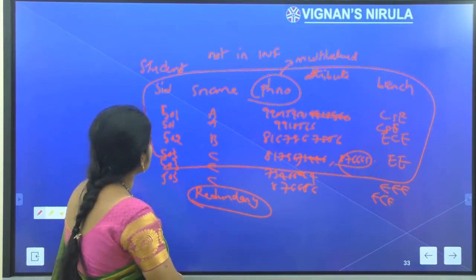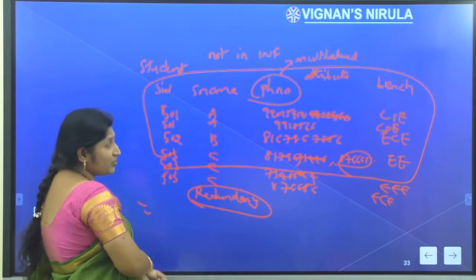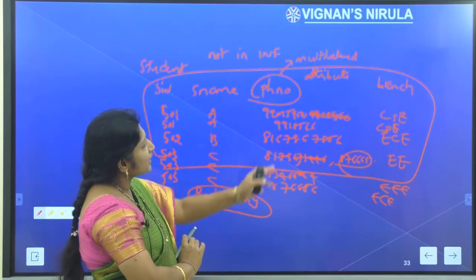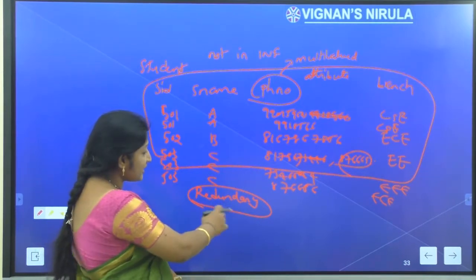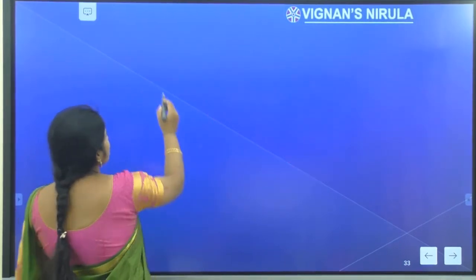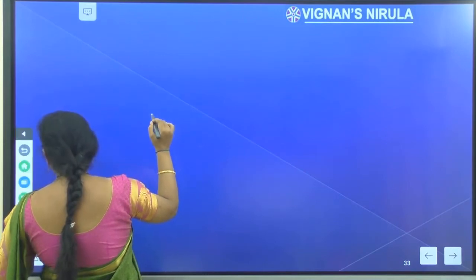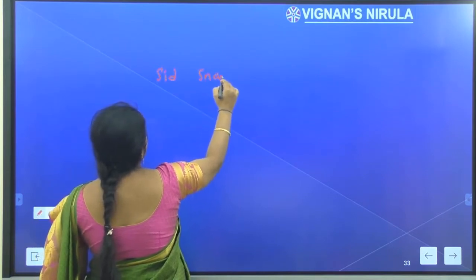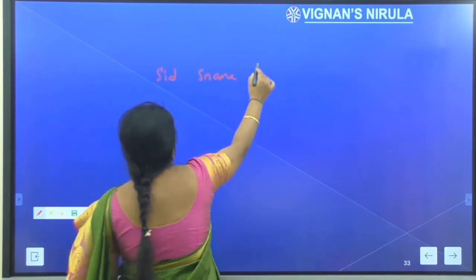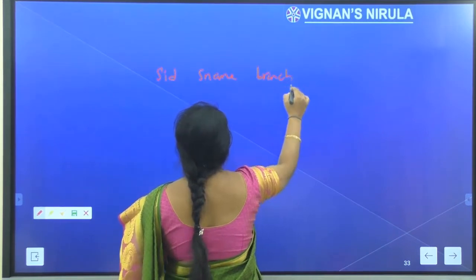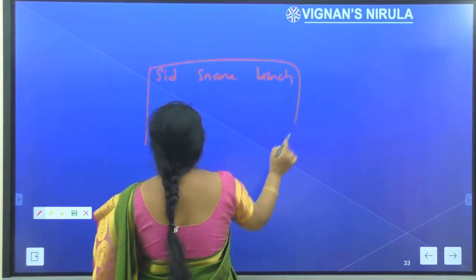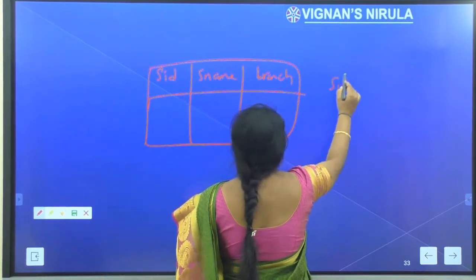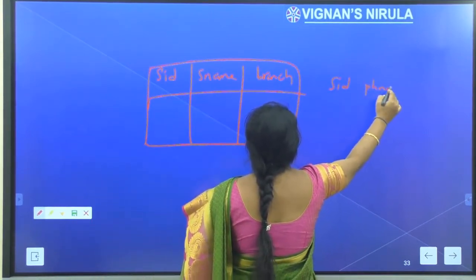So the alternative procedure is, I can subdivide the student table into 2 or more relations such that the multi-valued attribute is not present, as well as redundancy is reduced. How I can divide is, for example, I have SID, SNAME, branch in the first table, while I have SID and phone number in the second table.